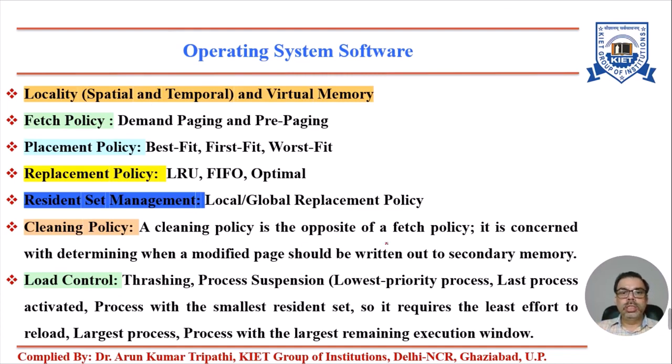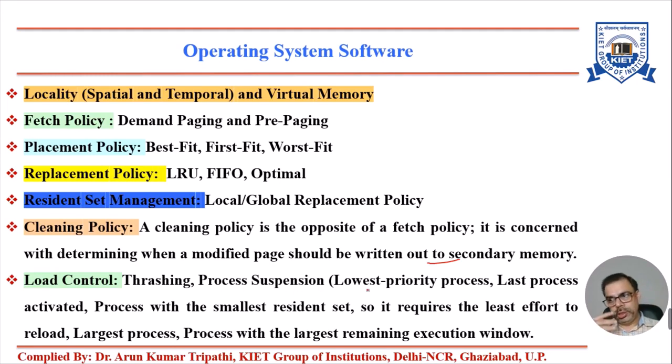So the cleaning policy is opposite to the fetch policy. It is concerned with determining when a modified page should be written out to secondary memory, when we have to replace a page from primary memory to secondary memory. Load control: thrashing means process suspension.